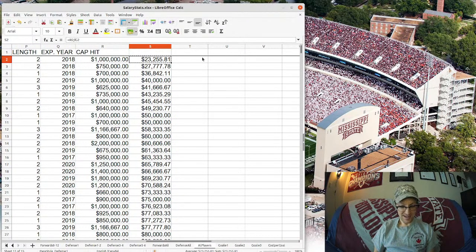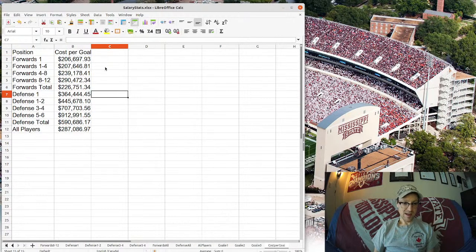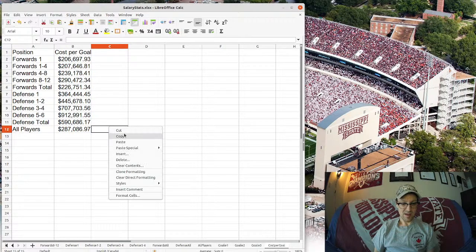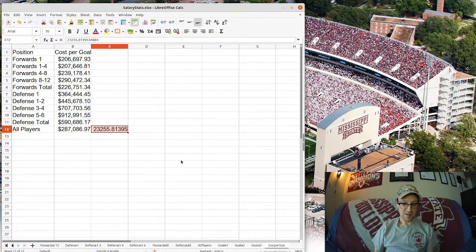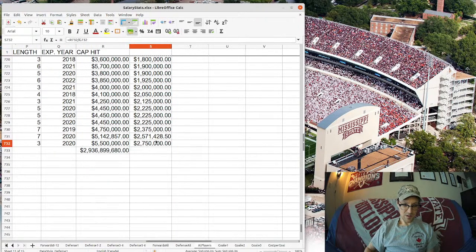So this is the least expensive player. Good, and then we want most expensive.